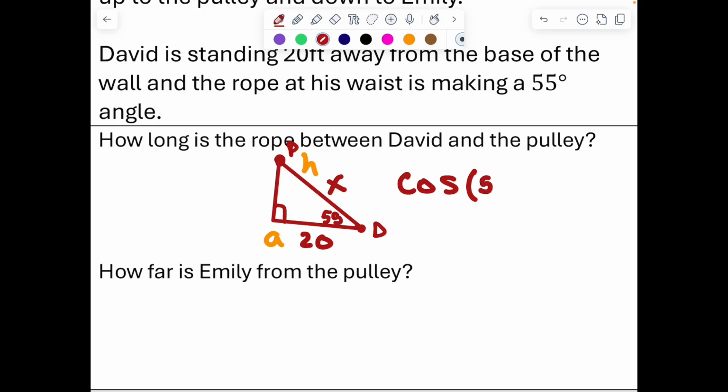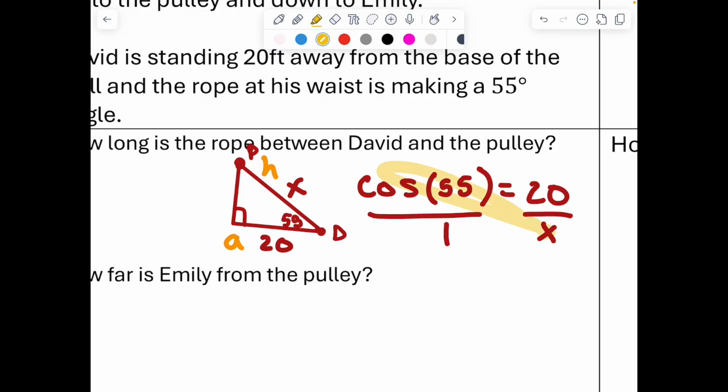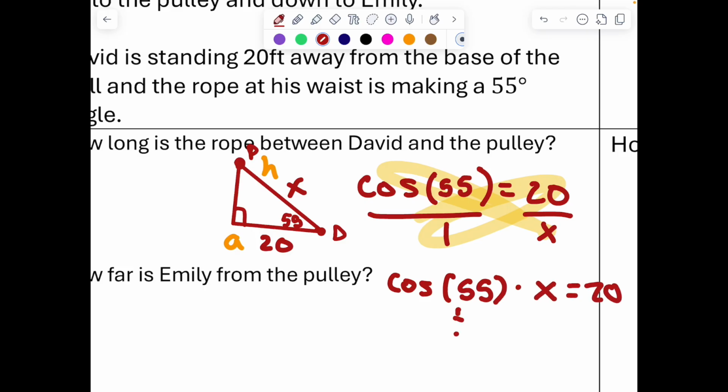So cosine of 55 is equal to adjacent over hypotenuse, so 20 over x. We can cross multiply and get the cosine of 55 times x equals 20. And then we can divide both sides by the cosine of 55.